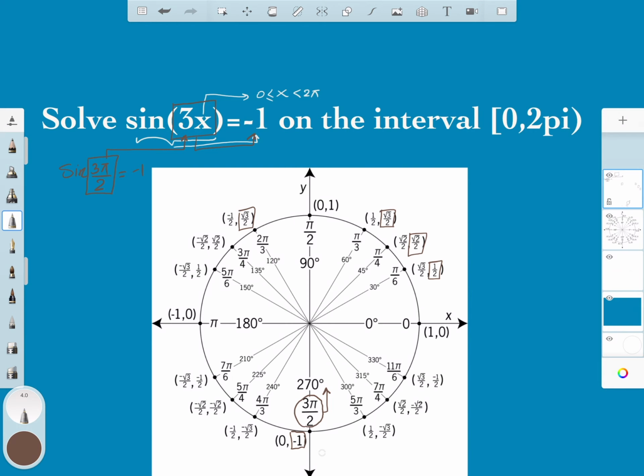But now let's solve for all the x's that when we plug here and we multiply by 3, sine of that is -1. So we got the idea that inside of the parenthesis must be 3 pi half.